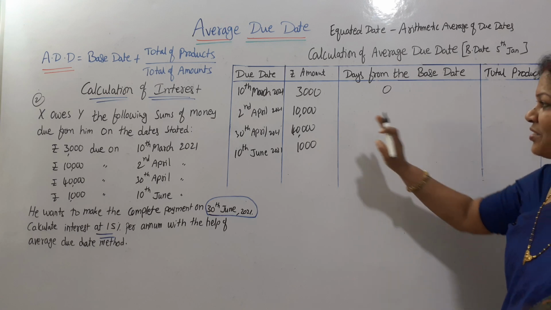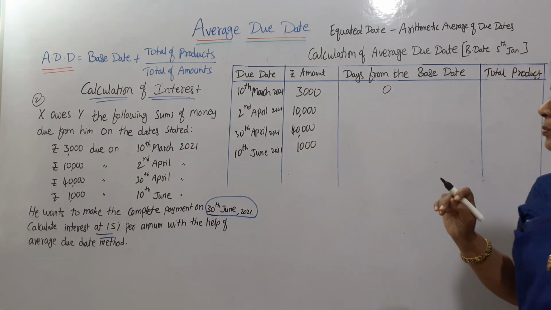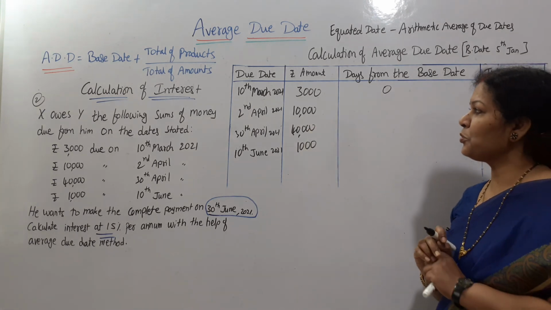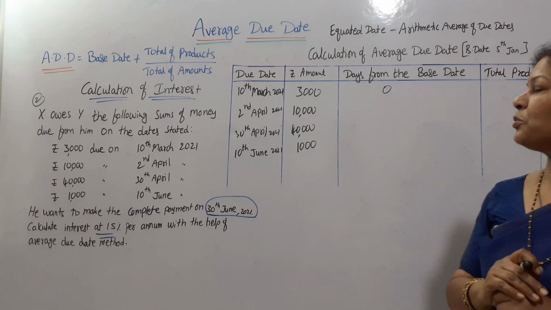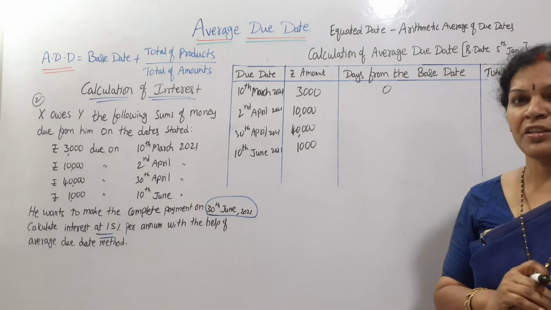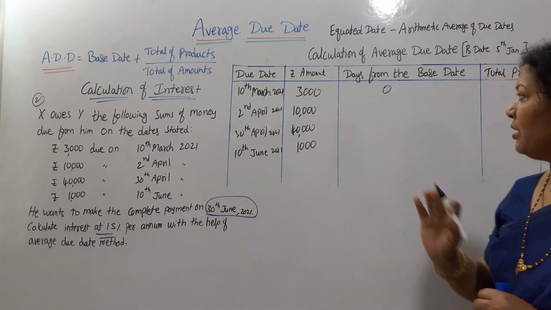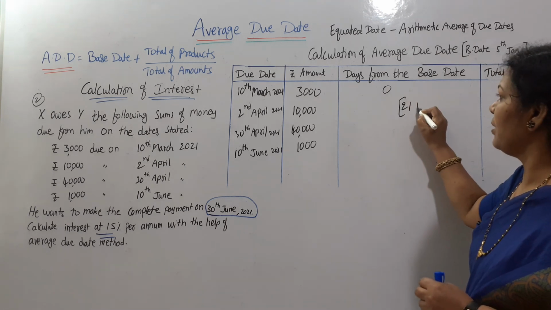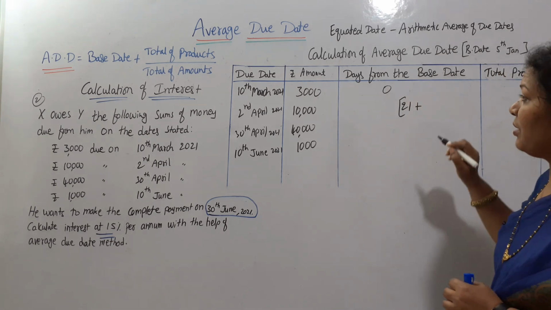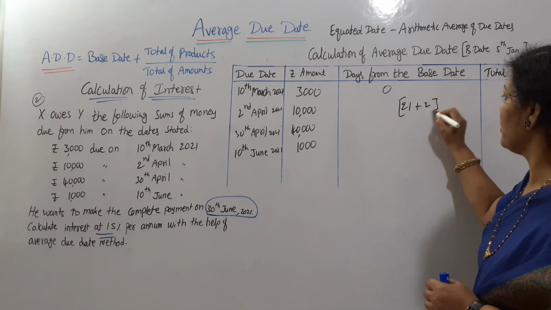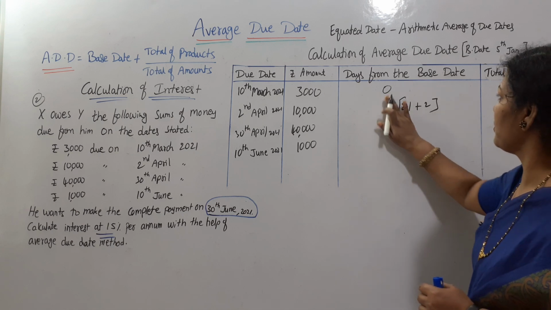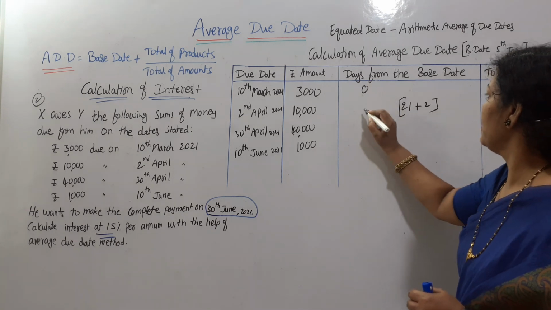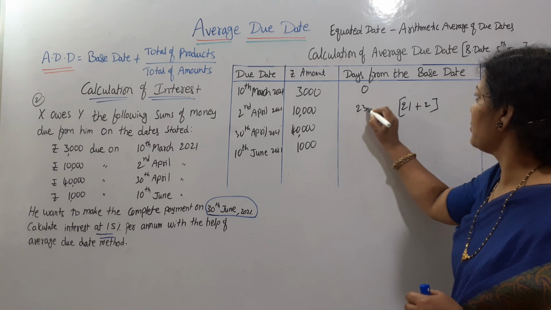Next 2nd April. From 11th March to 31st March, how many days are there? 21 days, plus April 2 days, means 23 days.